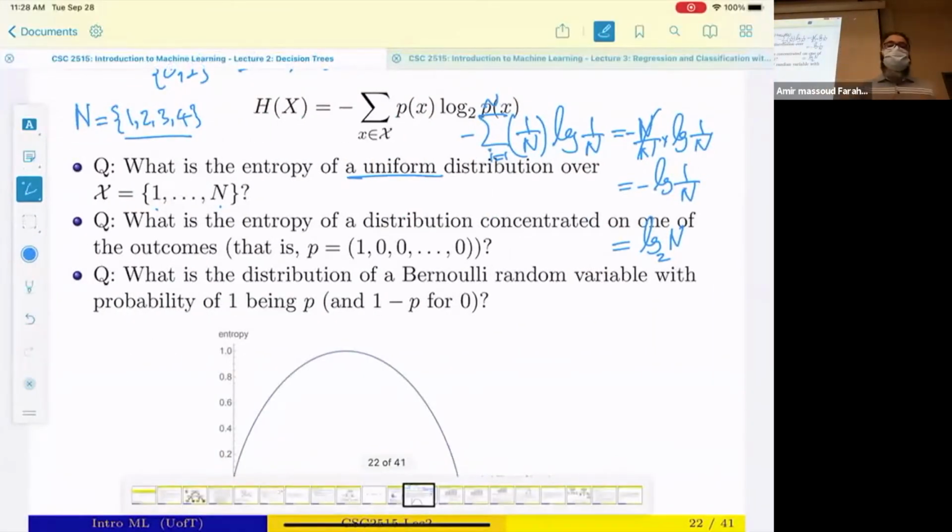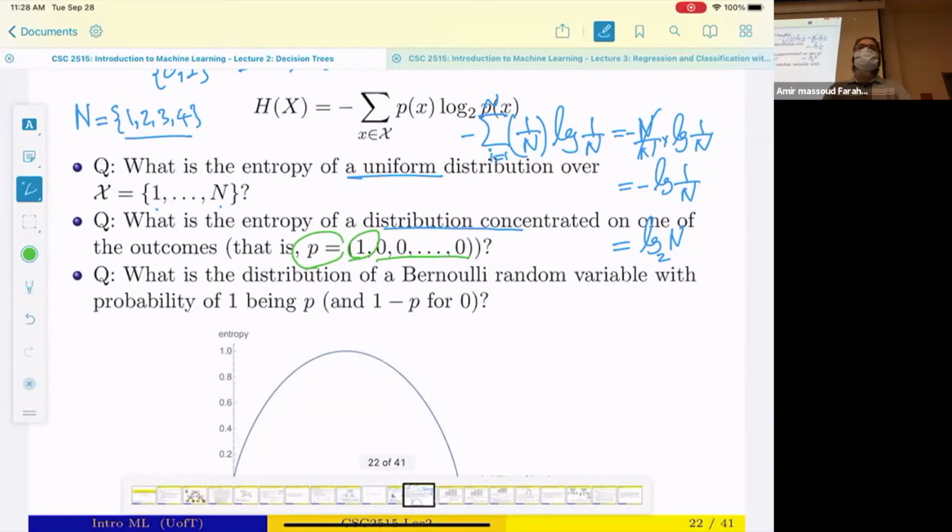Okay, let's try another case. What is the entropy of a distribution that is concentrated on one of the outcomes? The probability of each of the possibilities is like this: it is 1 for one of them, and 0 for all the others.